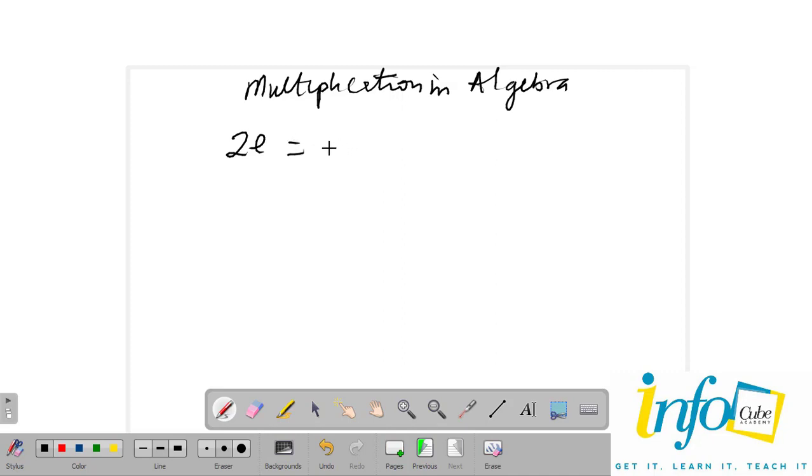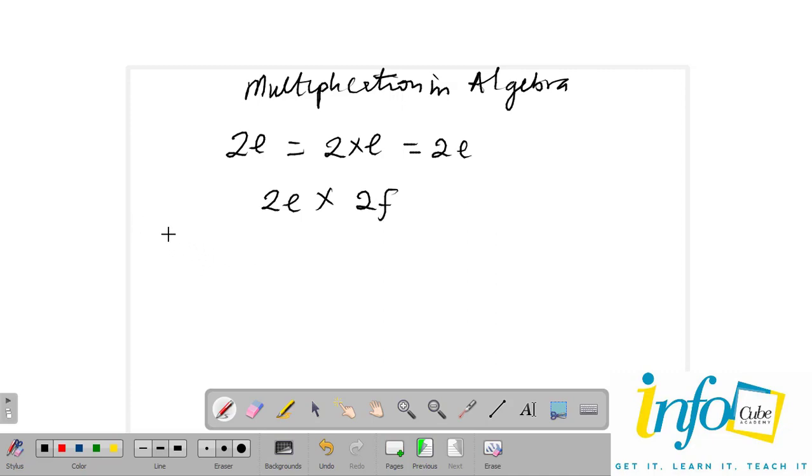What I mean is that 2e is gotten from 2 times e. So when we are multiplying in algebra, there are some rules you have to obey. Now let's take this question. For instance, you have 2e times 2f.